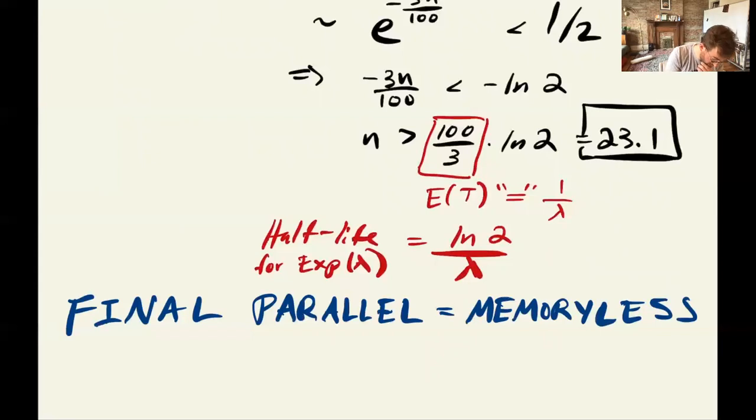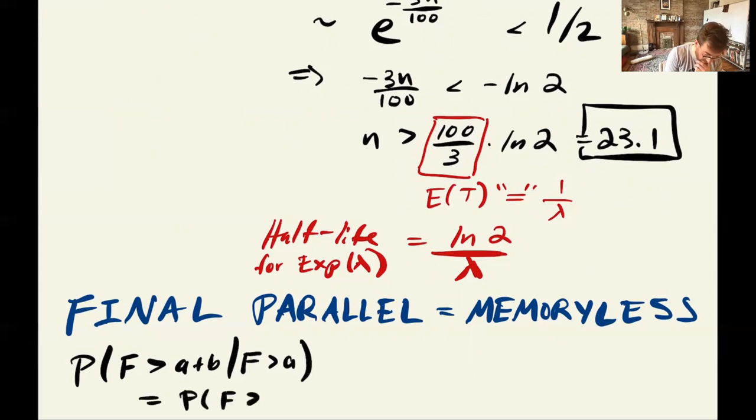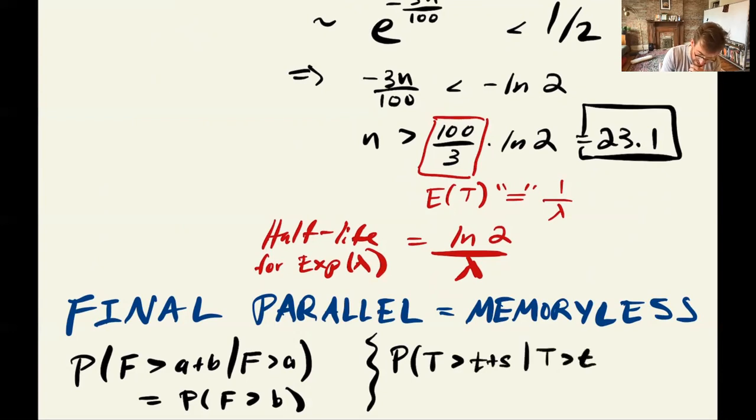In the geometric, and it doesn't matter which flavor you want to use, you could say F, counting the number of failures, the probability of your first success happening after A plus B failures, given the information that you've already failed A times, is equal to the probability of F greater than B. Again, on the exponential side, the probability that T lasts beyond t plus s, given that some amount t of time has already gone by, is also the same.